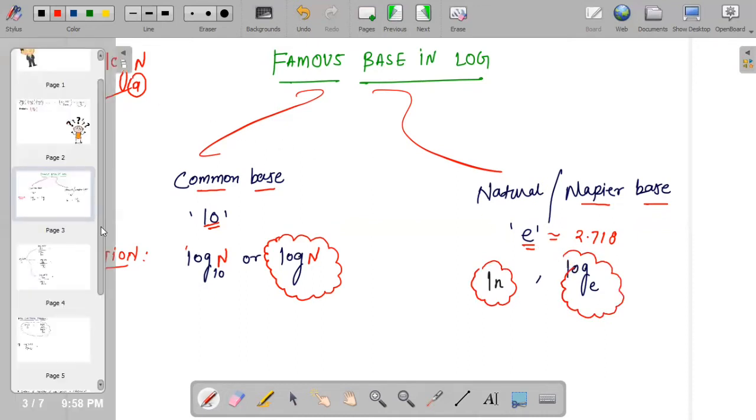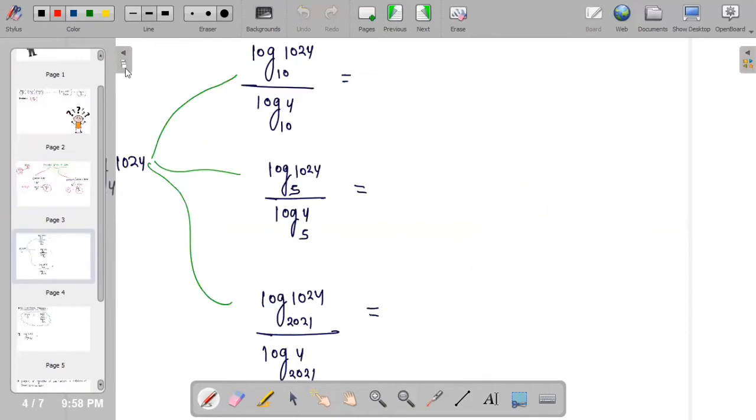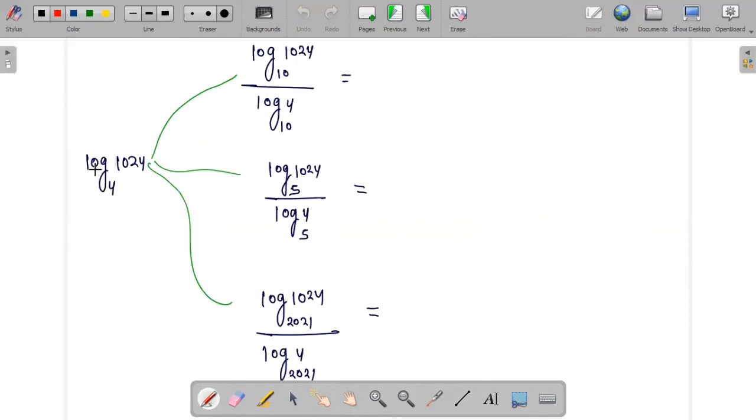So there we go. Now we may initiate with that curious question. We have log 1024 to the base 4. If I ask you to answer this question, then you may write your 1024 in the manner of 4 to the power 5, and you'll end up getting the value of this question, and it is equal to 5, correct?